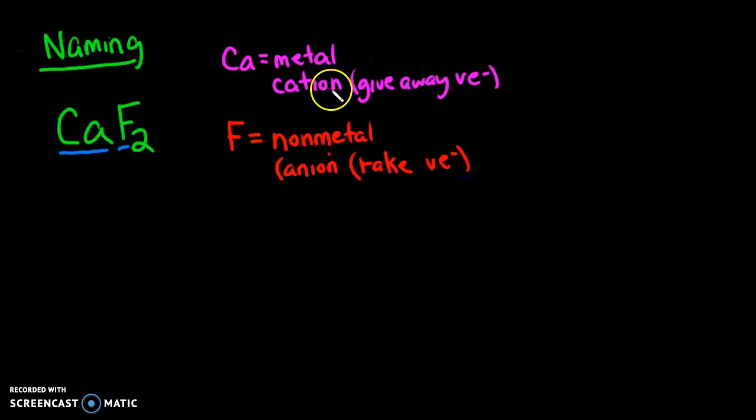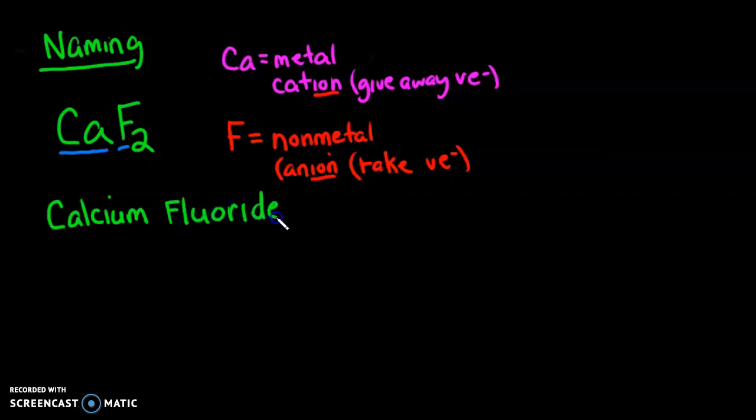So I have ions. Ions form ionic compounds. And for ionic compounds, I don't use the prefixes. So what I'm going to have for the naming of this is my first element, calcium, and then changing the ending of my second element, fluorine becomes fluoride.